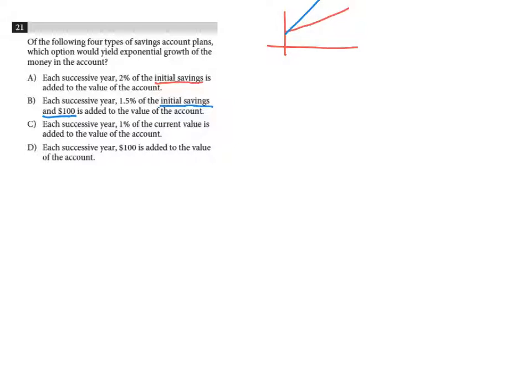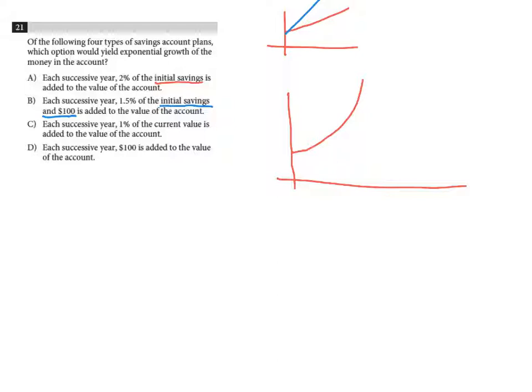Okay. C. Each successive year, 1% of the current value is added to the value of the account. Okay, well, that makes more sense to me. Each year you have an initial deposit, and each year you're increasing faster and faster, right? Because each year you're taking 1% of the current value.